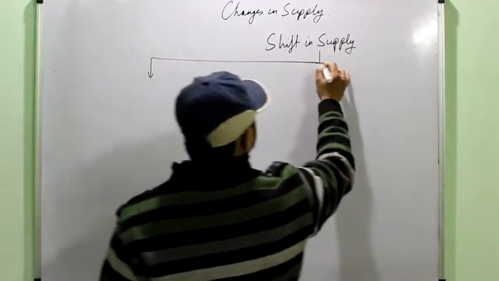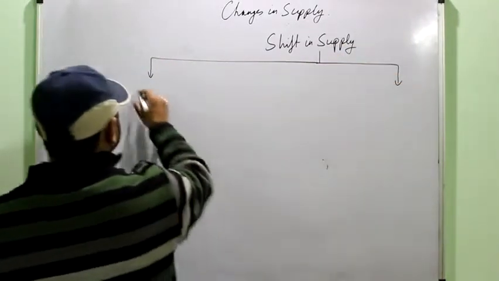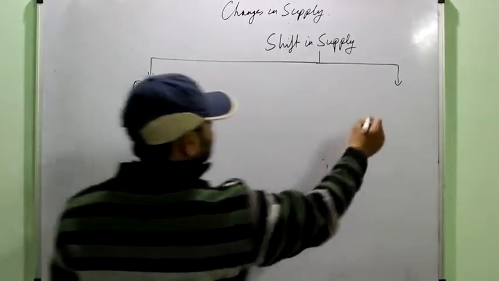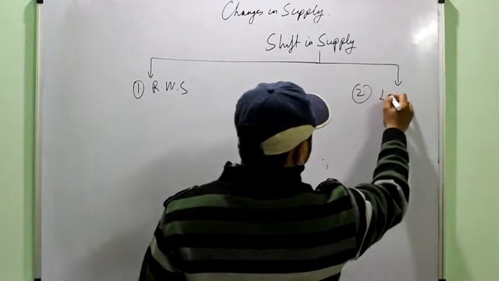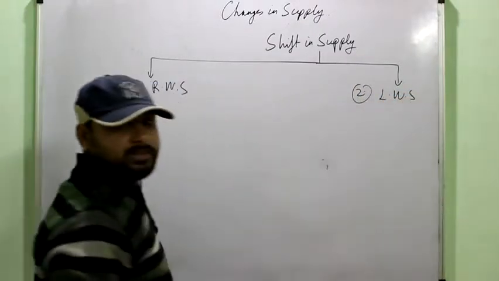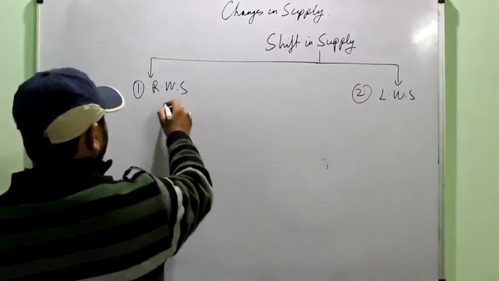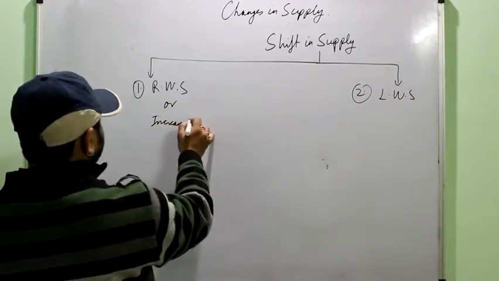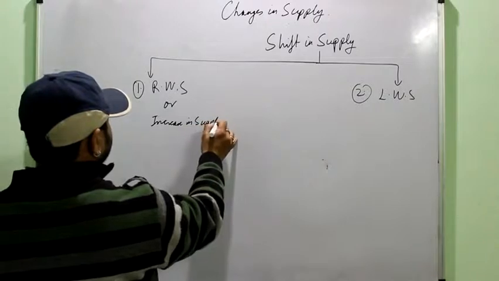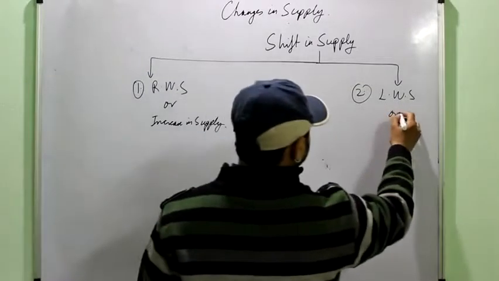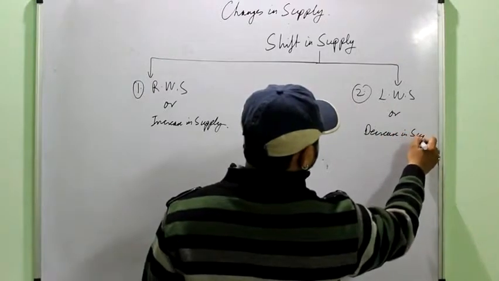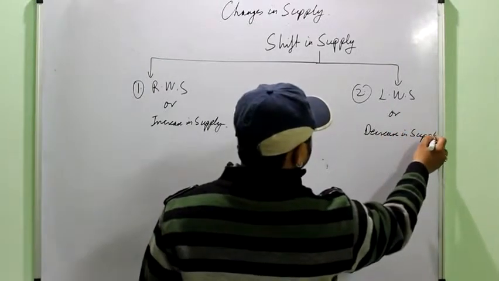And shift are of two types. First is the rightward shift. There is the leftward shift, also known as increase in supply, also known as decrease in supply.